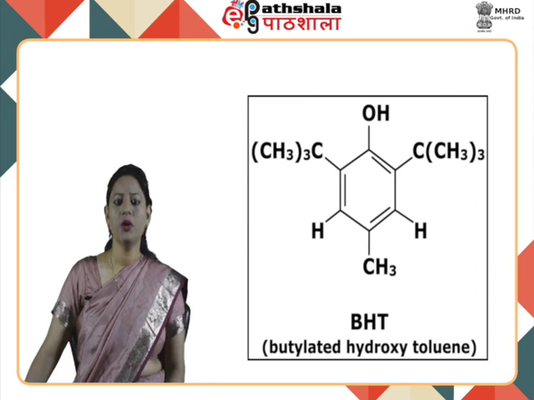Antioxidants such as butylated hydroxyanisole, BHA, and butylated hydroxytoluene, BHT, are added to the food or packaging material to prevent their auto-oxidation. Now we will summarize what we have learned till now.